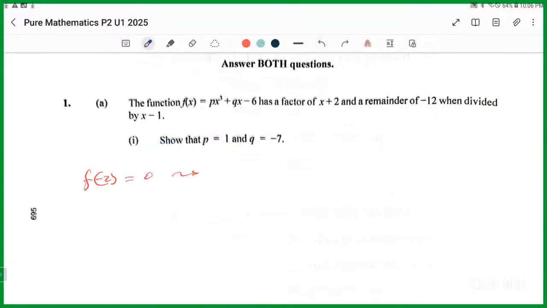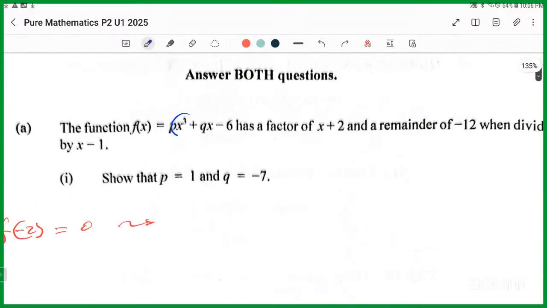The result equals 0. So -2 cubed is -8, so that's -8p, and -2 times q is -2q, minus 6, and that is equal to 0. That's the first equation.